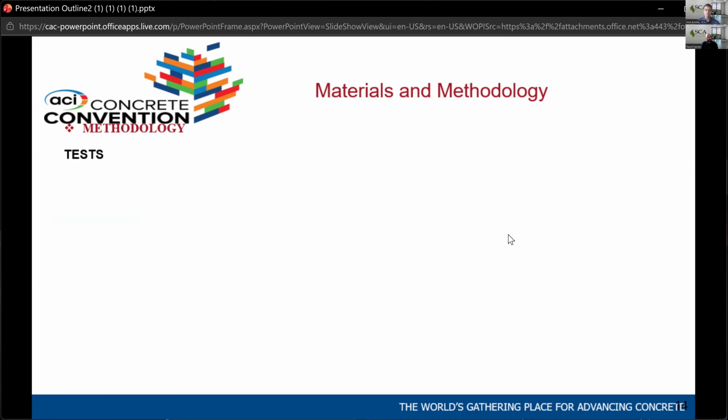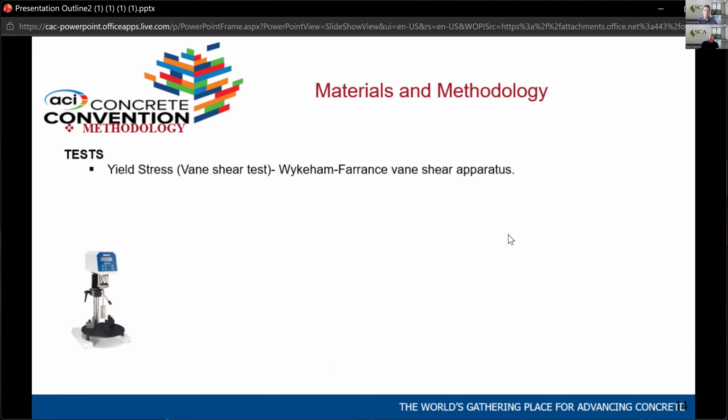For tests, for yield stress I use vane shear stress, the Wickham Friends vane shear approach. This is how it looks. There is a formula to calculate the shear strength based on the number you read on it. So it's a process.